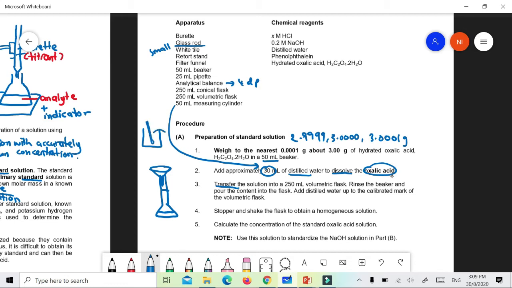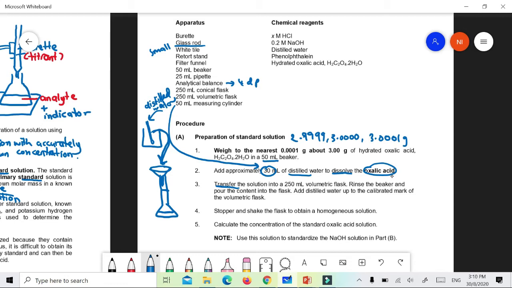Once you have transferred, what do you do? We need to rinse with distilled water, and then pour it inside this volumetric flask, because we want to make sure as much oxalic acid as possible is transferred into this volumetric flask.